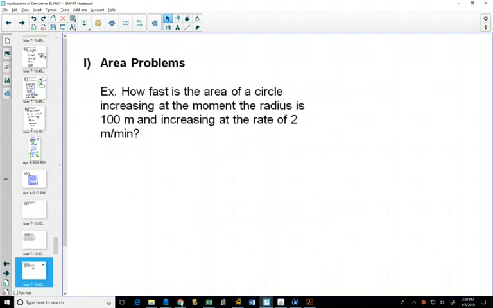So where could we see a real life example of this? Well, you have a circle increasing. If you dropped a marble into a pool, a circle ripple goes out. Now, this example is a little bit of a huge extension because the radius is at 100 meters.